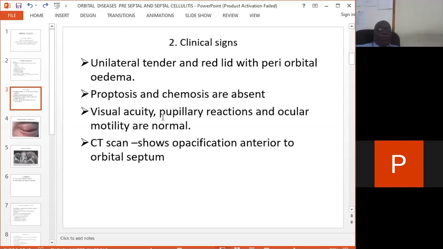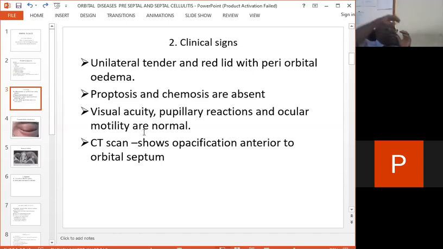The visual acuity, pupillary reactions, and ocular motility are normal because this infection hasn't gone into the eyeball. And you know from what we were learning yesterday, the cells which get the light are in the retina.